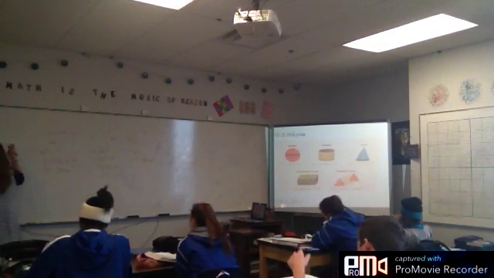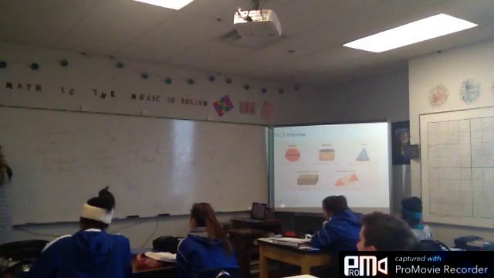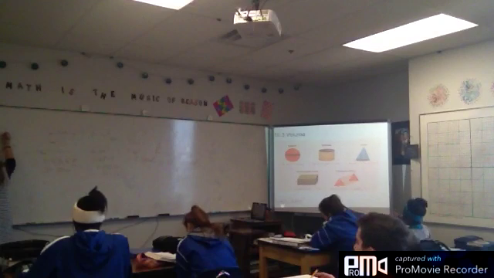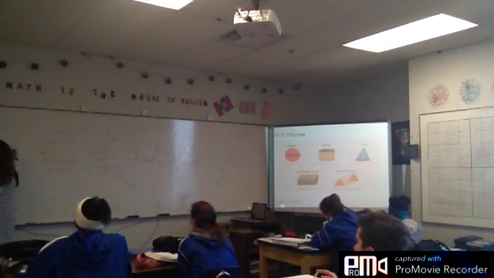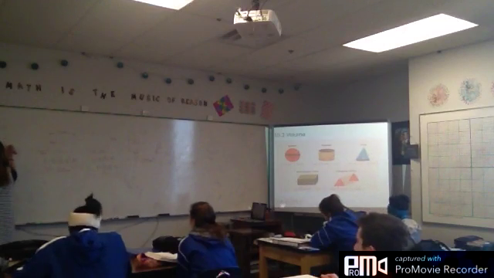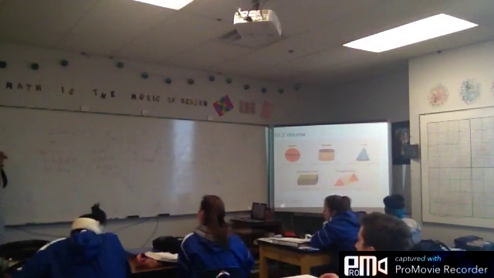Last one. I think last one. Let's say we have a cone. Okay, and our cone has this going on, and this is 21 inches, and this is 10 inches. How do I find the volume of a cone?